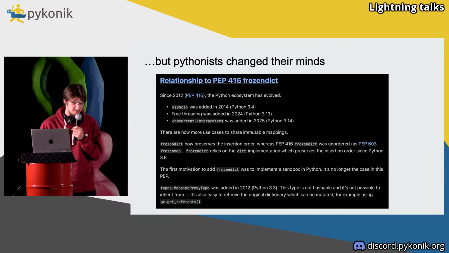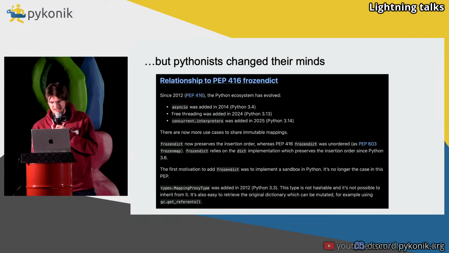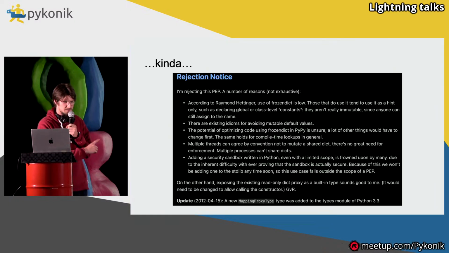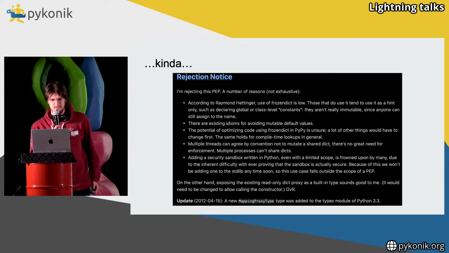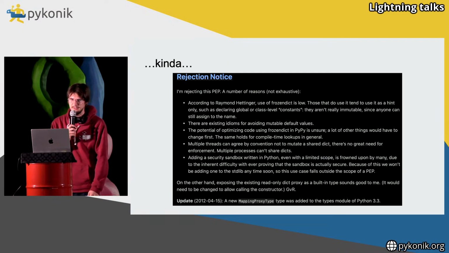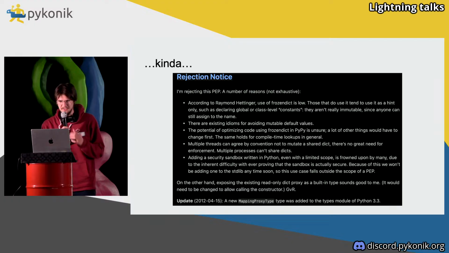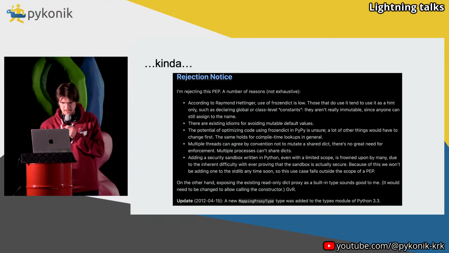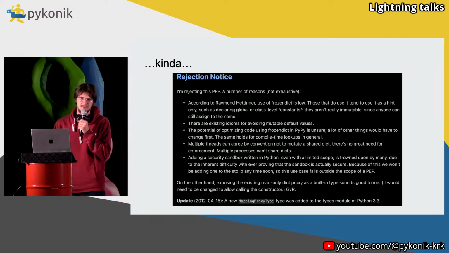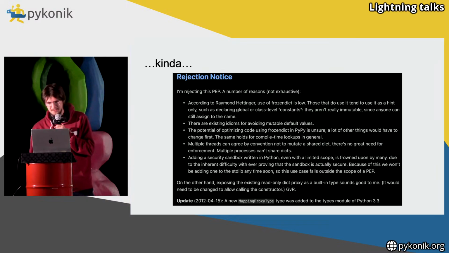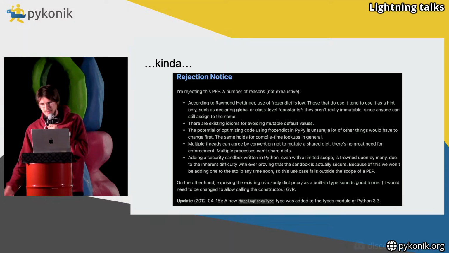And I think that's all. But I have a few more minutes, so I'll give you a fun fact about this. The first PEP, the first proposal, was that frozen dicts would inherit from dict, and that was also one of the reasons it was rejected, because of how inheriting works, there were ways to mess it all up.